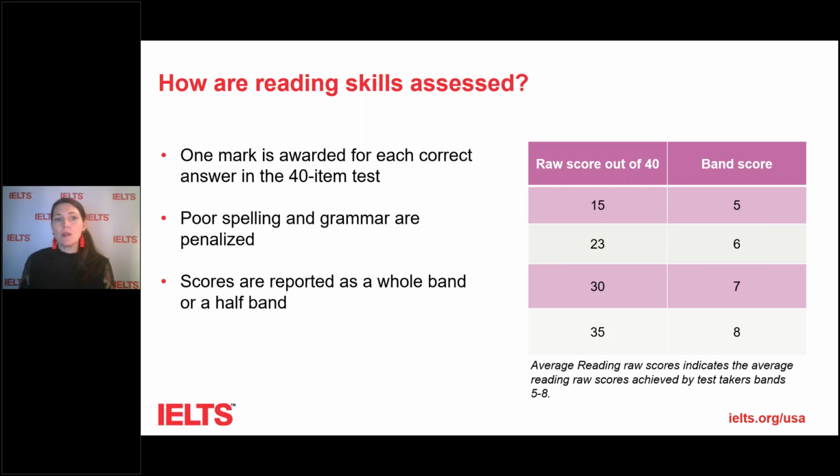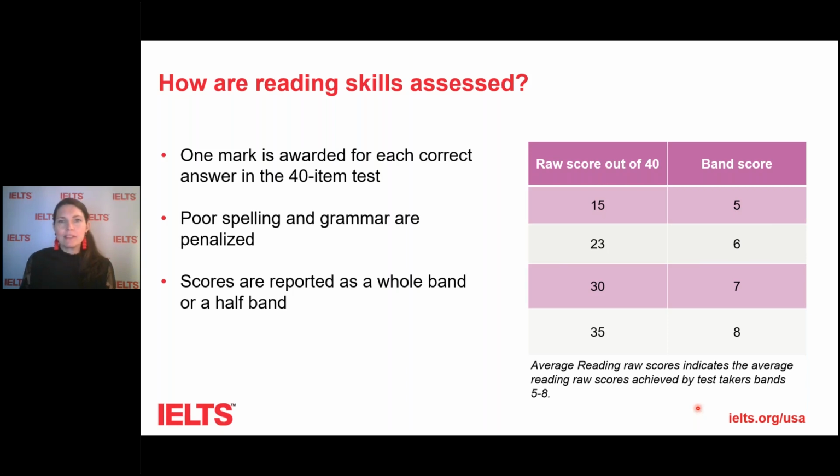Scores are reported as a whole band or a half band. And here I have a table that shows you basically how many points you need to get on the reading to get your desired band score. So this is an average, and if your goal is a 6.0 on reading, that means that you only need to get a little bit more than half correct.